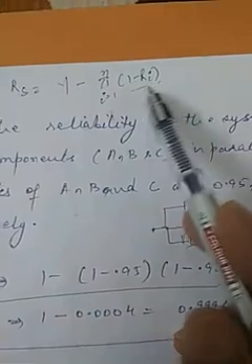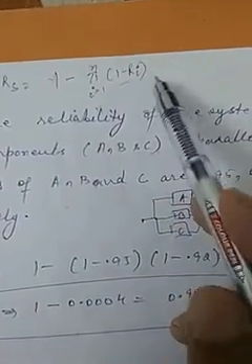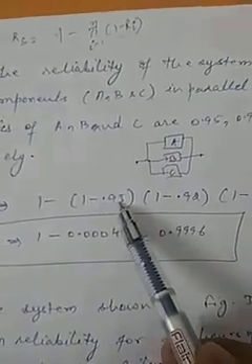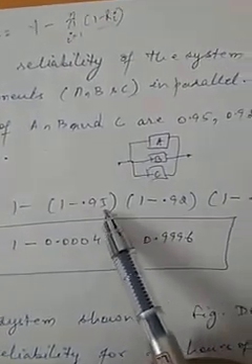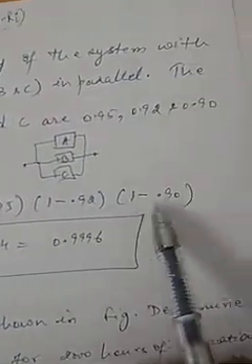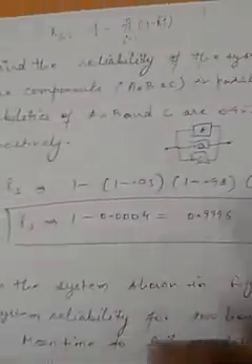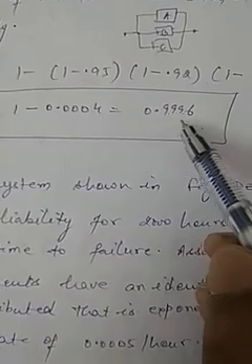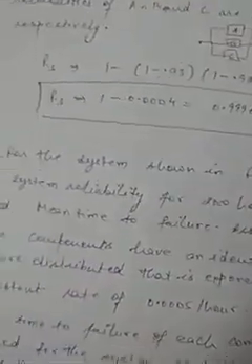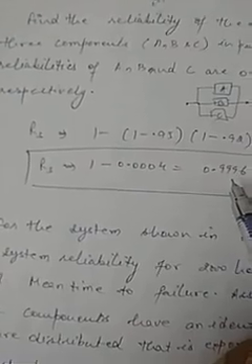So there are three components, so there are three (1 minus Ri) terms multiplied together: (1 minus 0.95), (1 minus 0.92), (1 minus 0.90). After calculation the reliability comes out to be 0.9996. This is the system reliability.